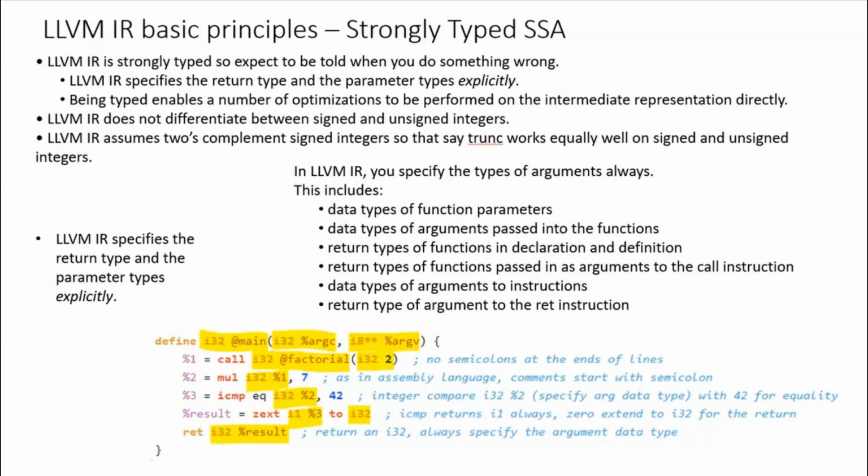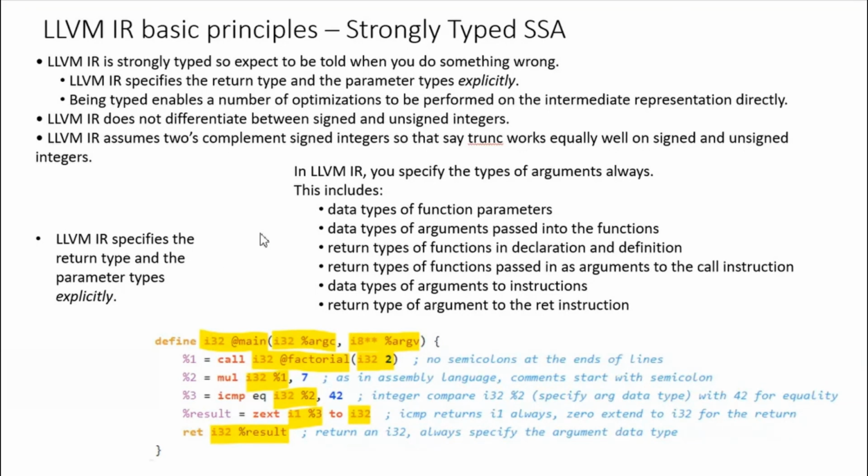Another interesting thing to note is that the single static assignment used in LLVM intermediate representation is strongly typed. So you can expect to be told when you do something wrong with the data types. LLVM intermediate representation specifies the return type and the parameter types of a function explicitly, such as in this main function here, where we explicitly specify all the return types.